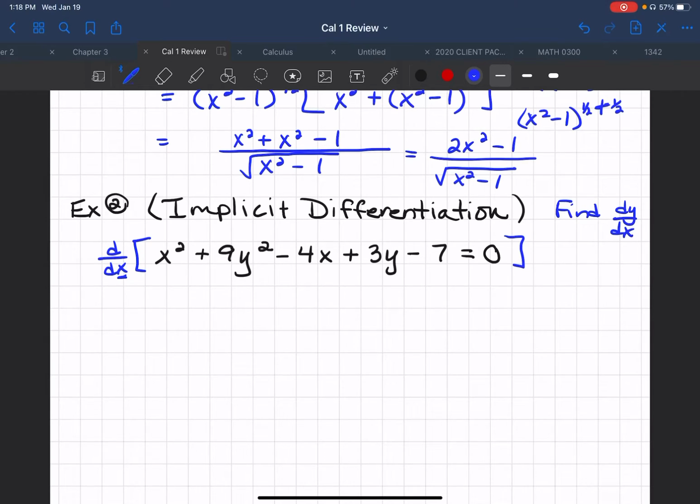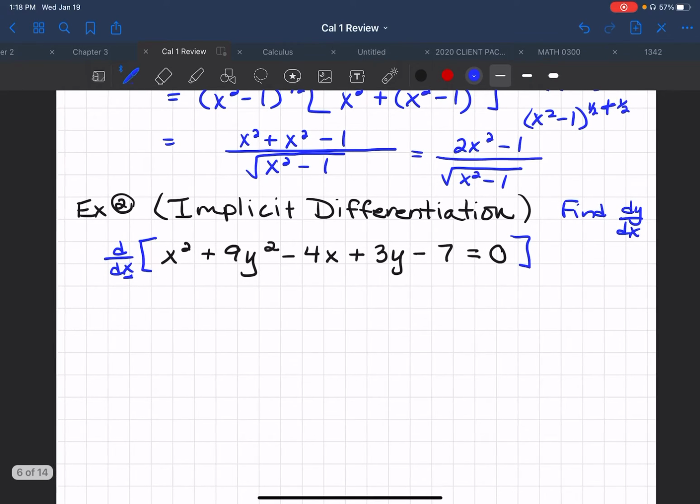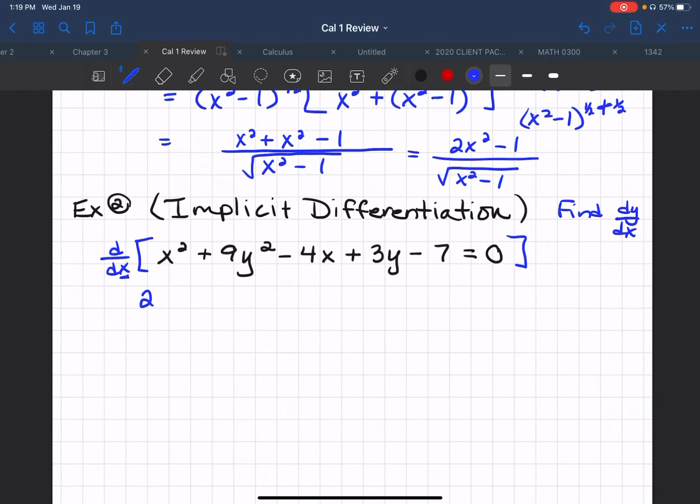So here, taking the derivative, the x, just take the derivative normally, so that's 2x, plus I've got 9y squared. I'm going to take care of the power, 18y, but then it gets multiplied by its own dy/dx because it is with respect to x.